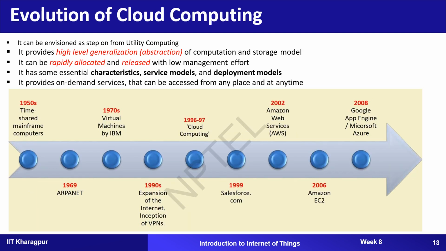Now, the evolution of cloud computing. From this figure it can be seen that in 1950 time-shared mainframe computers came into the picture. After that, in 1969 ARPANET came into the picture. Then in 1970 virtual machines by IBM were introduced. Then in 1990 the expansion of the internet and the inception of VPNs, that is virtual private networks, came into the picture.